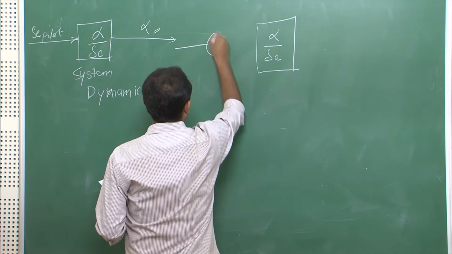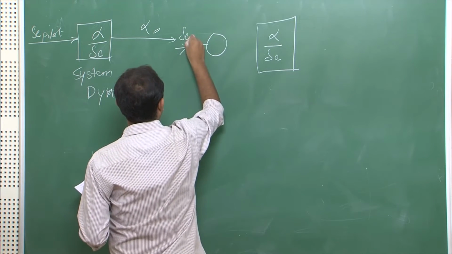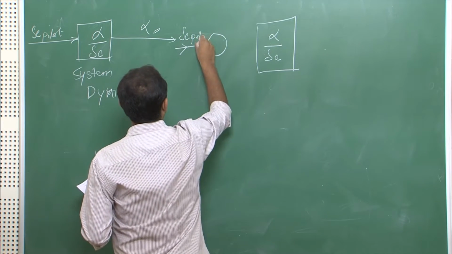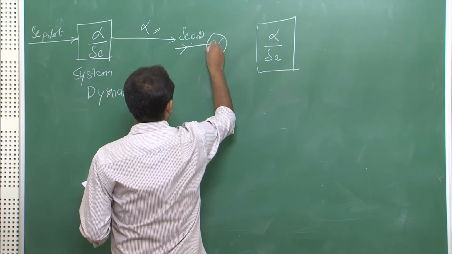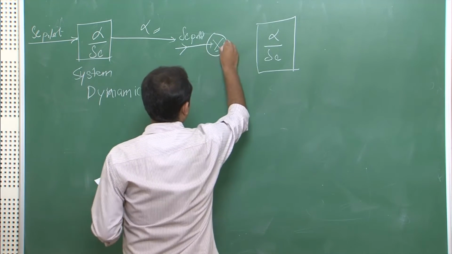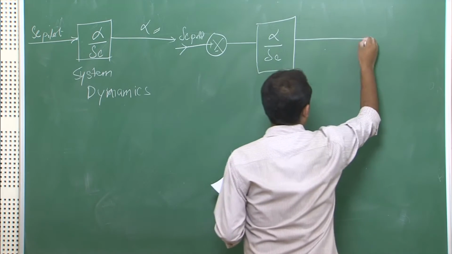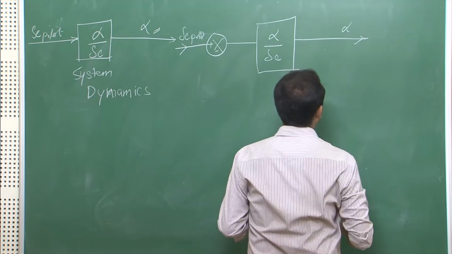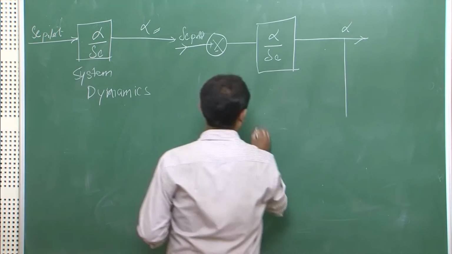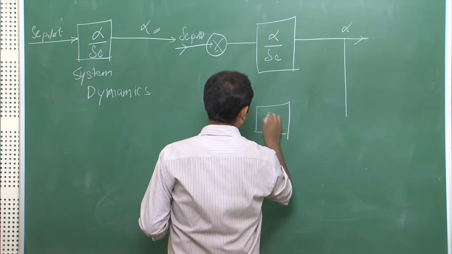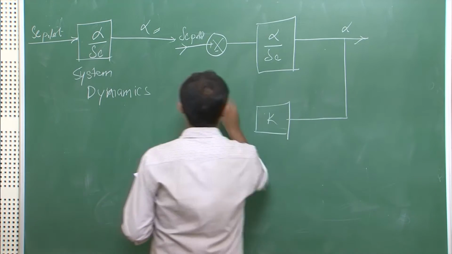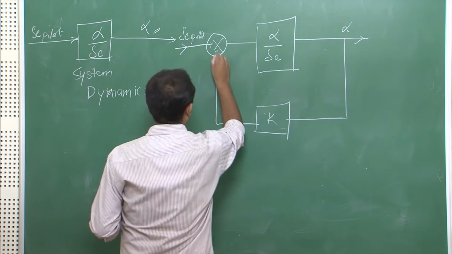This was my input delta E by the pilot. This is my summer. My output is angle of attack. I will be tapping this and multiplying it with some constant k, and this is your feedback.